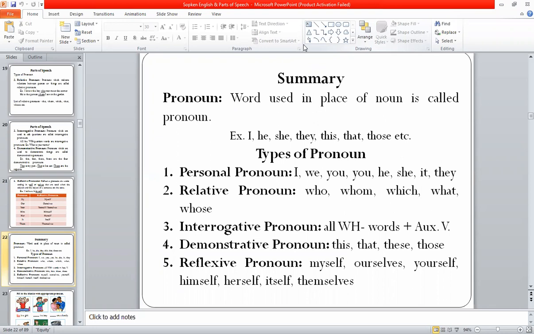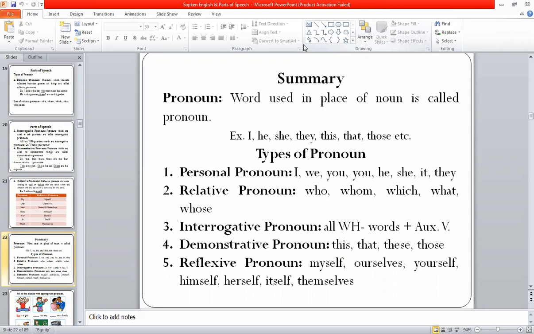And the fifth and the last type of the pronouns is reflexive pronoun. Generally, we use it when the subject and the object in a sentence are the same. If I'm talking about myself, then I will use myself.